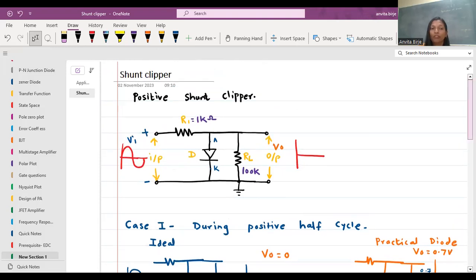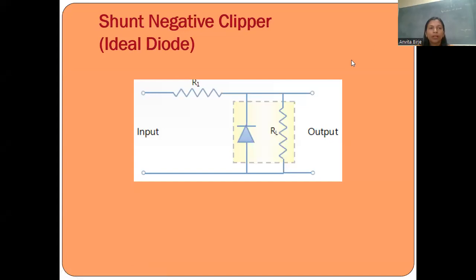Similarly, we can plot for the negative shunt clipper. In the same way, we can use a shunt negative clipper. For shunt negative, you can see I have just flipped the diode. Now when we consider the input signal, for the positive half cycle, the voltage is plus and minus and the diode is in reverse bias. This reverse bias condition is for the positive half cycle.